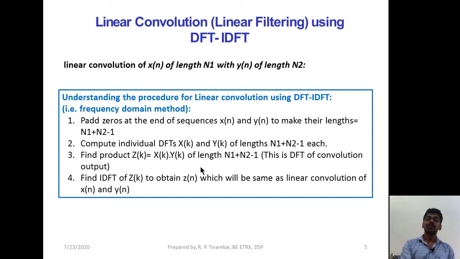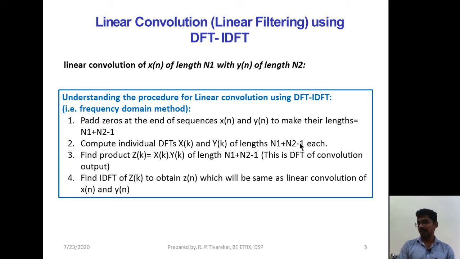First, we pad zeros at the end of both sequences to make their lengths N1 plus N2 minus 1. Then we compute the DFTs X(k) and Y(k) of those zero padded sequences. Both DFTs will be of length N1 plus N2 minus 1. Then we find the product of X(k) and Y(k). Let's call that Z(k).